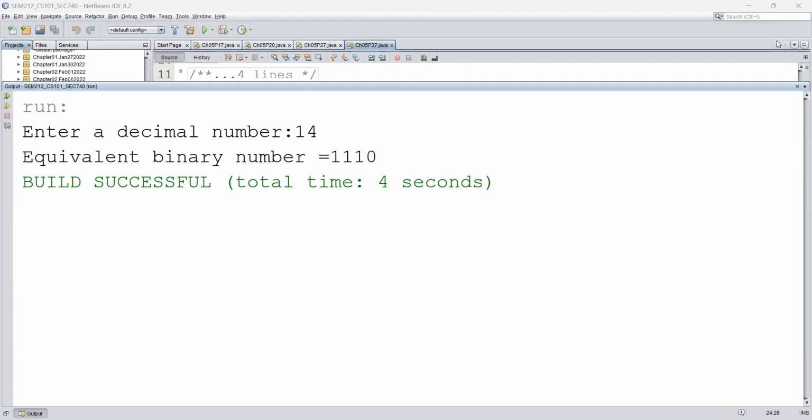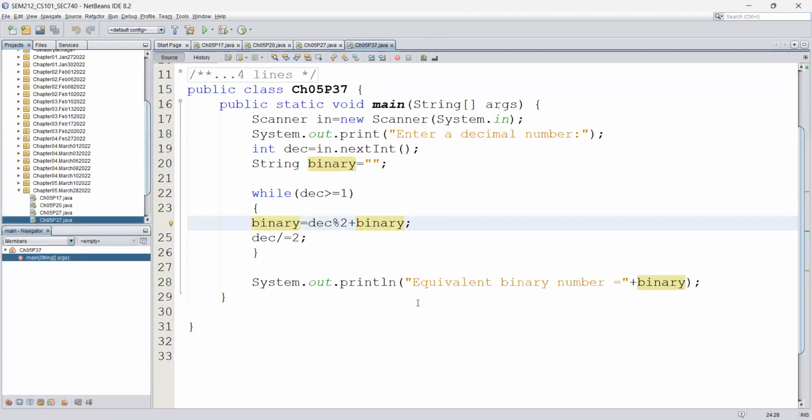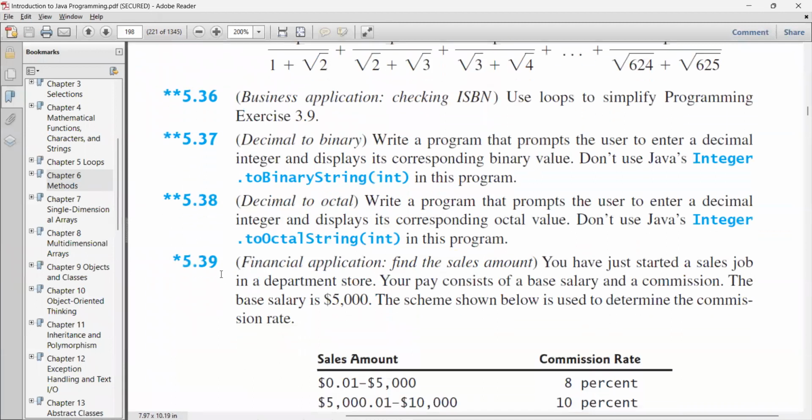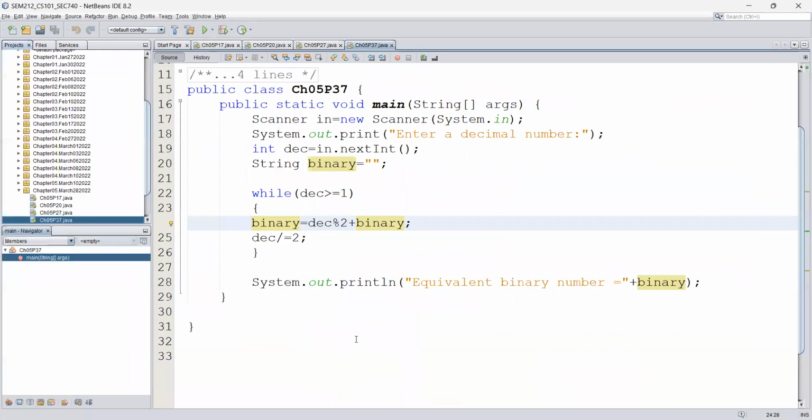Okay, students. So actually this is the trick of how to convert a decimal number into a binary number without using any special library. By the way, students, the next problem, 38, is very similar to it. It is decimal to octal. That is to say, what is octal? The base 8. Okay.